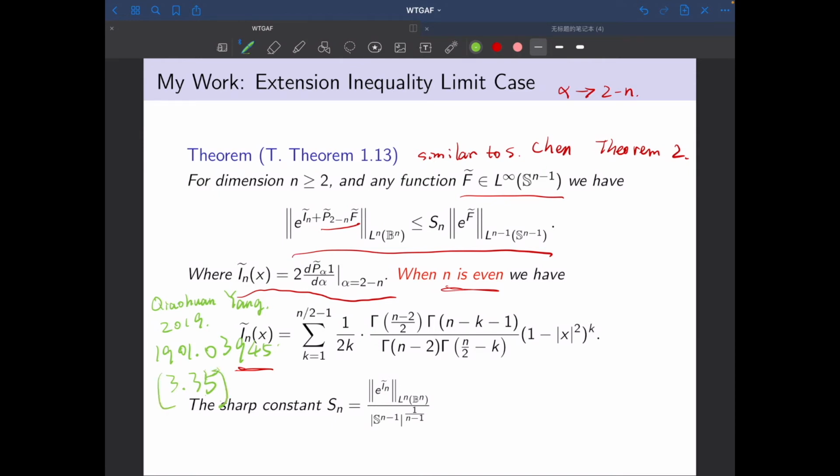And so later I also learned that if you consider the conformal metric g star equals e to the 2 times I_n tilde of x, times dx squared, where this is the Euclidean metric, then the metric g star actually has a name attached to it.